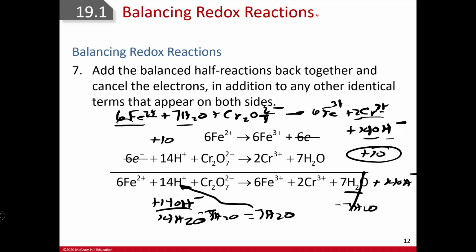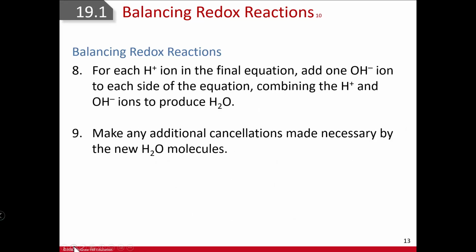So if it's a basic solution, you're going to do what it said on the next slide, which is you add hydroxide ions to both sides until all of the hydrogen ions are consumed, and it forms waters, and then you subtract the number of water molecules so that one side doesn't have any water molecules. I guess that's an easy way to say it.